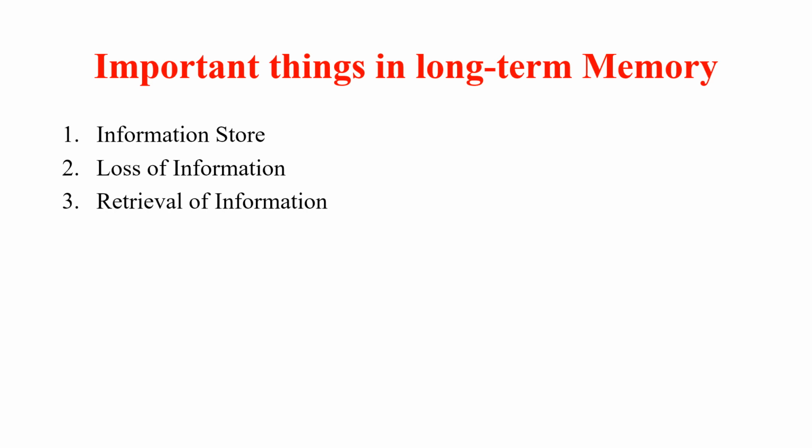retroactive interference. Example, in my mobile phone I have an old number, but it is not in my use. So what I did, I removed that number and inserted another new number. Now what will happen, the new number masked the old number, and that information gets lost.